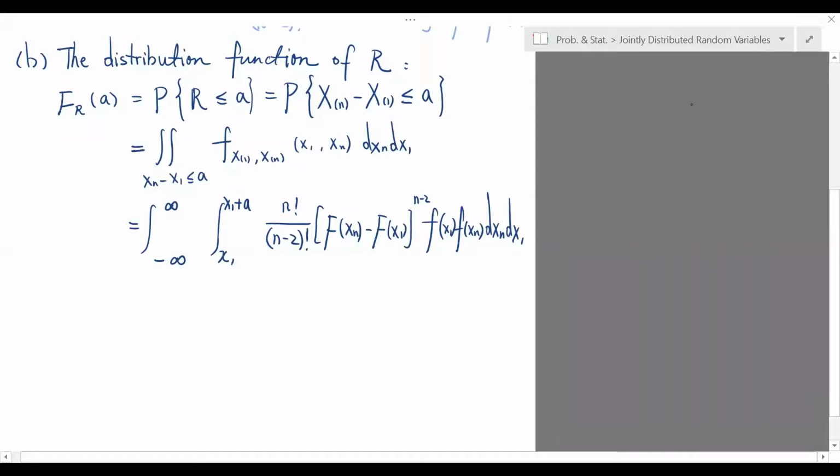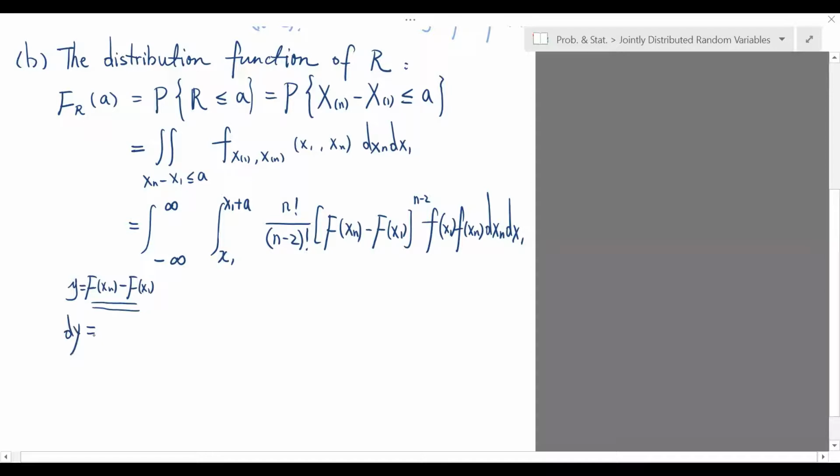To evaluate this integral, we would love to make use of the substitution that y is equal to capital F of x sub n minus capital F of x sub 1.